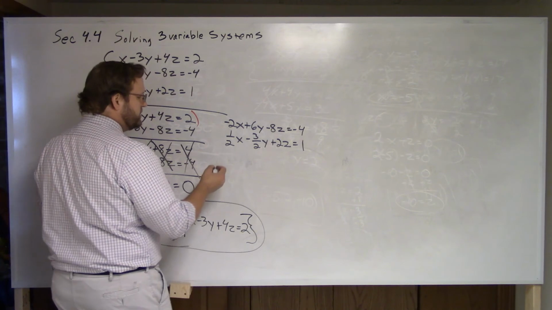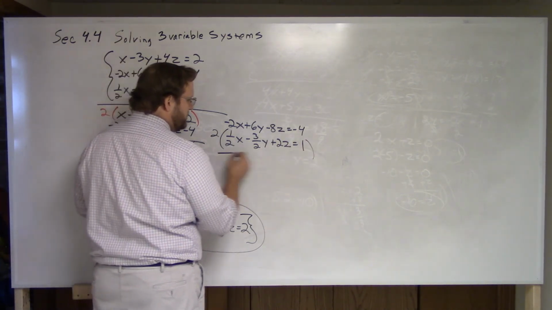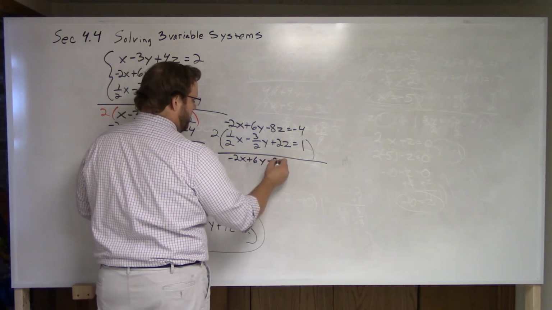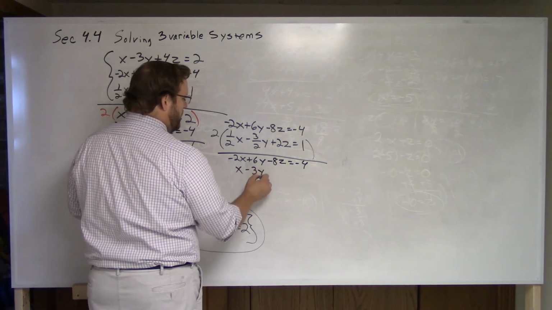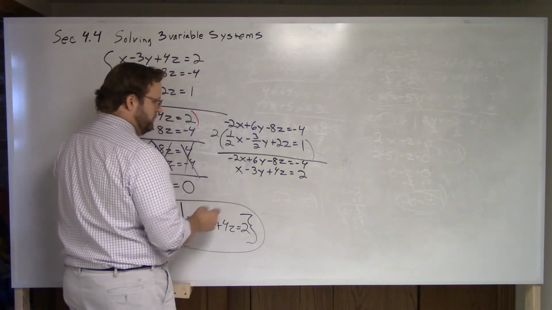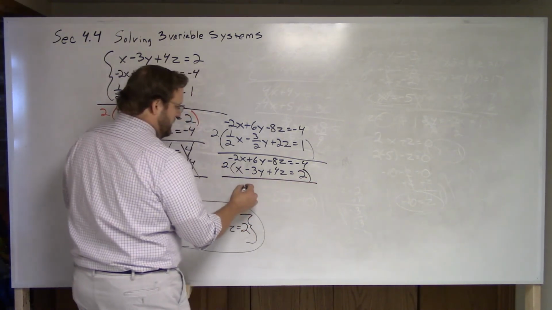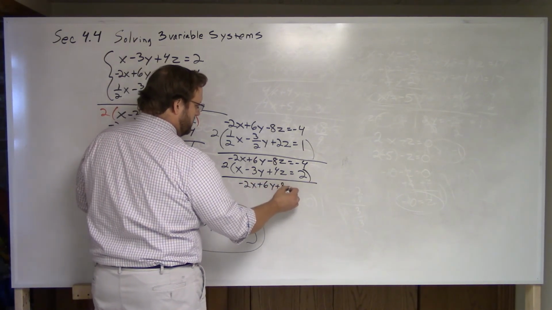Just real quick, let's show that. Let's say I multiply this by a 2 to clear those fractions. And I get x minus 3y plus 4z equals 2. But then I multiply this by a 2 again, and I copy that first equation.